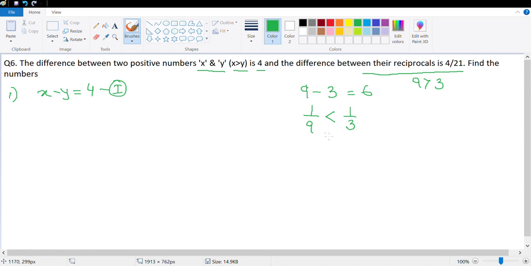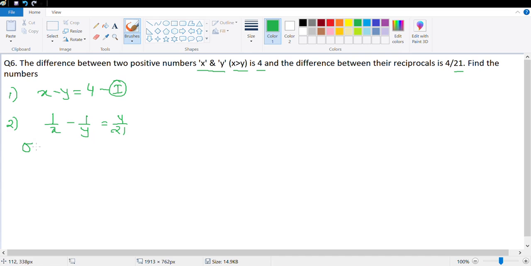So the reciprocal of a bigger number is less than the reciprocal of a smaller number. So that's the trick in this case. The difference between their reciprocals: the logic is to figure out whether it's 1 upon x minus 1 upon y is equal to 4 upon 21, or is it 1 upon y minus 1 upon x is equal to 4 upon 21. That's the logic in this question.